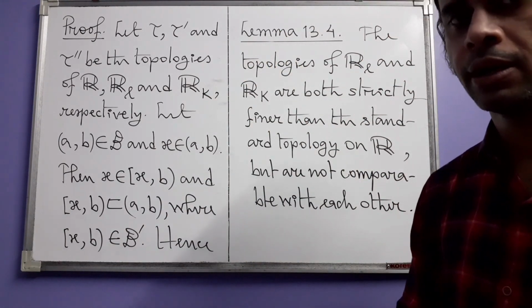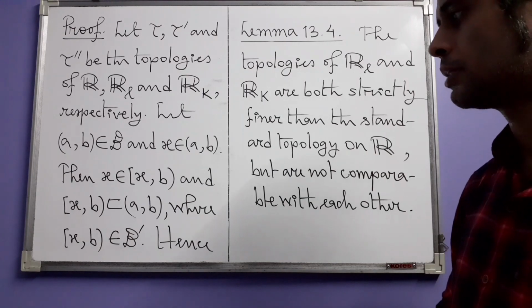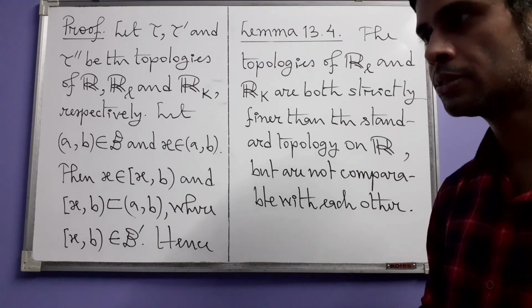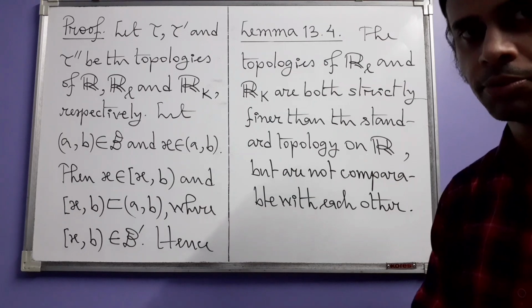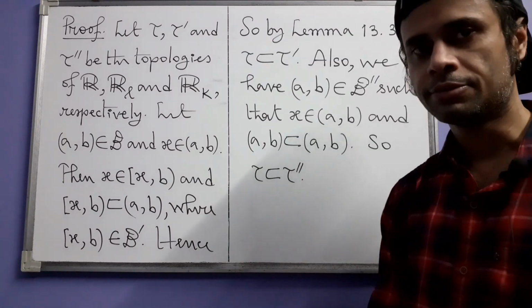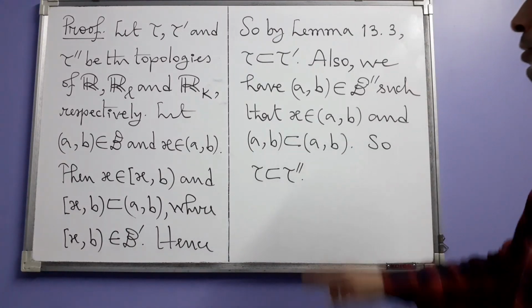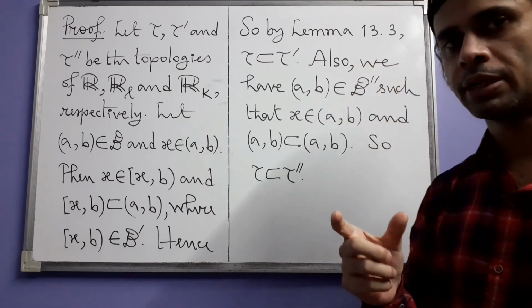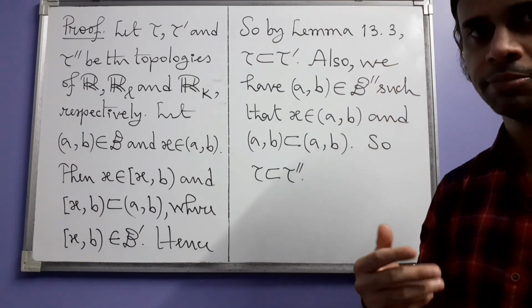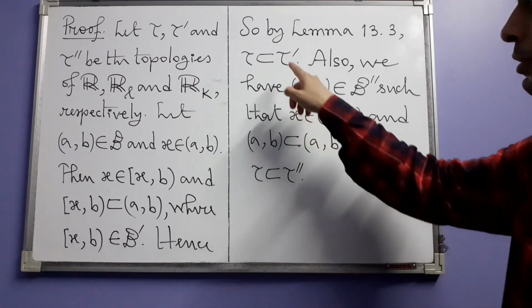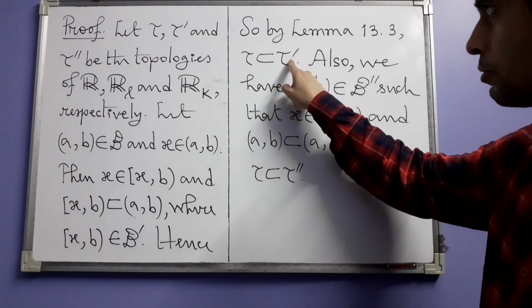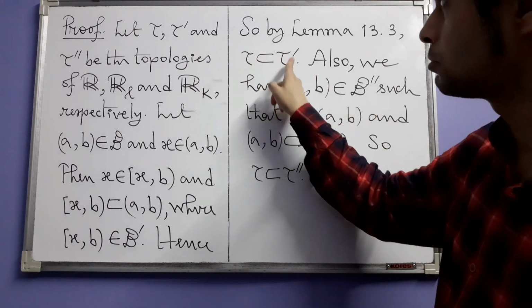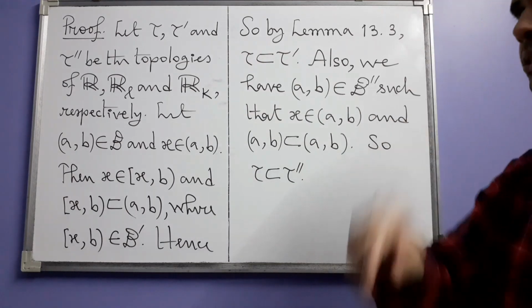So what does that tell us? It tells us that the lower limit topology is finer than the standard topology. And we are making this conclusion using lemma 13.3, which lets us compare two topologies which are given by bases. So that's how the lower limit topology is finer than the standard topology.